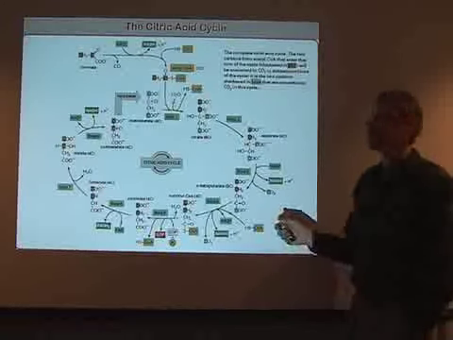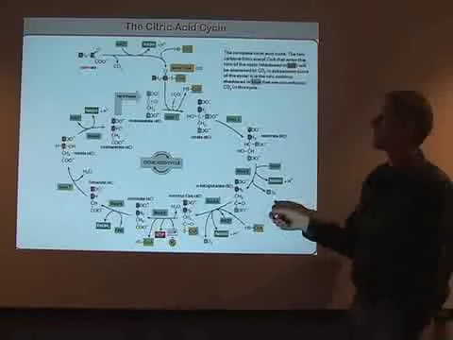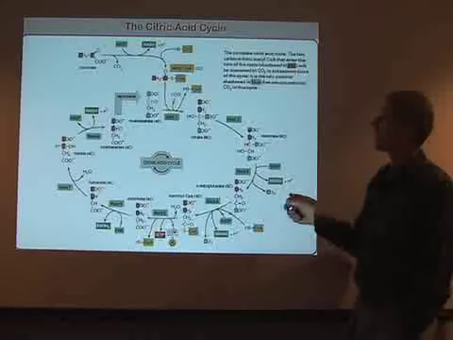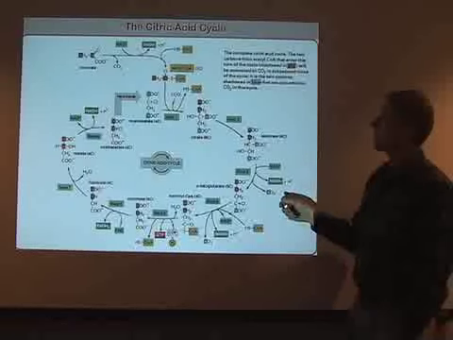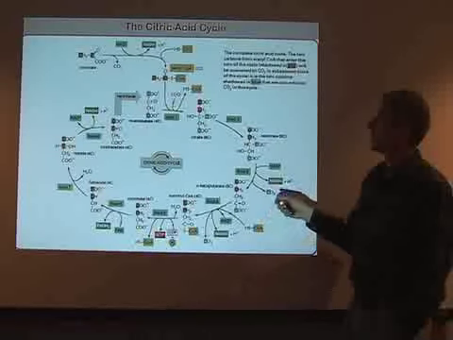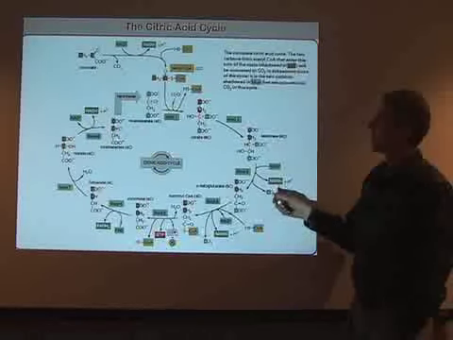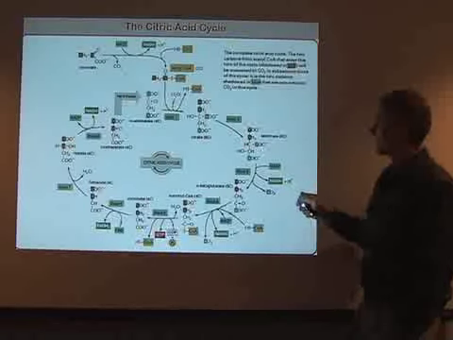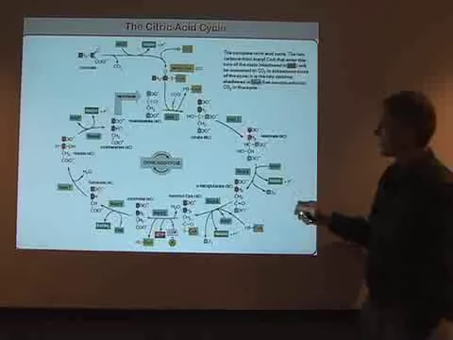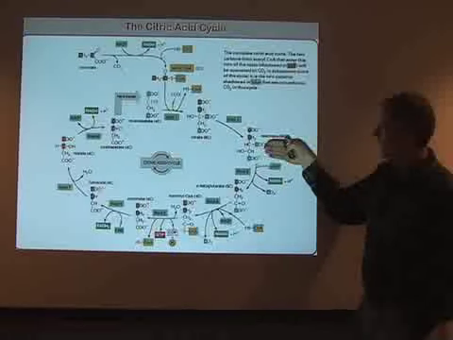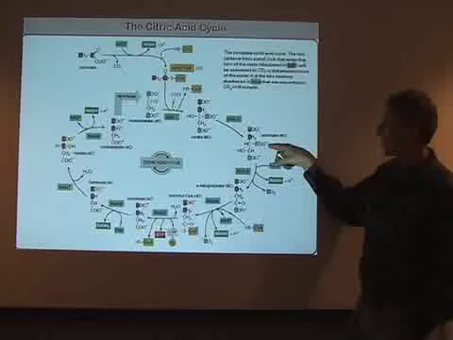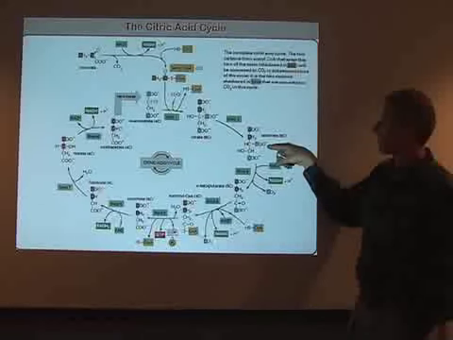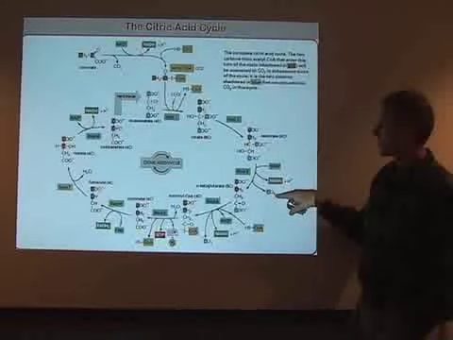So this diagram traces the 2 carbons coming in from acetyl-CoA. They're added to oxaloacetate. These red carbons are the new carbons. Then this guy is broken off, so you harvest the energy from one, releasing carbon dioxide.